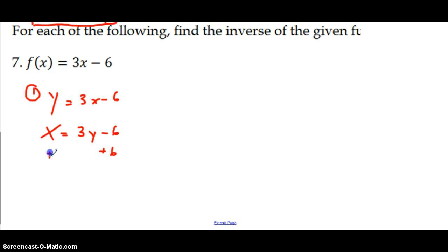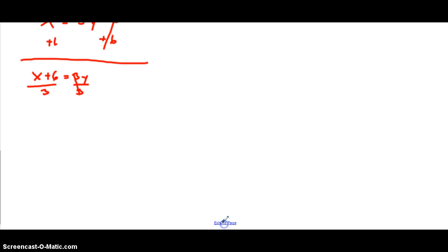That cancels out. We get x plus 6 is equal to 3y. Divide all this by 3 to get y by itself. That cancels, and our final answer would be x plus 6 divided by 3 is equal to y. And that would be your inverse function.